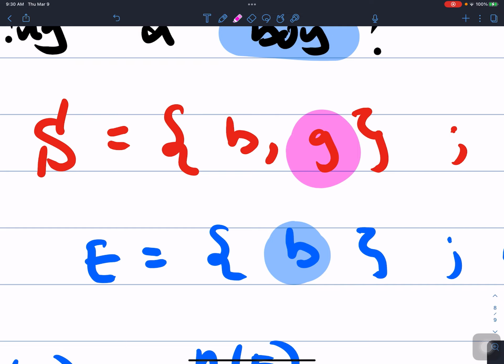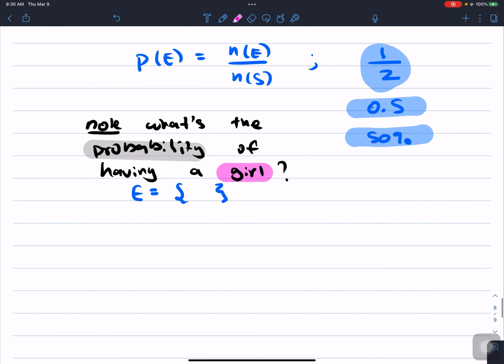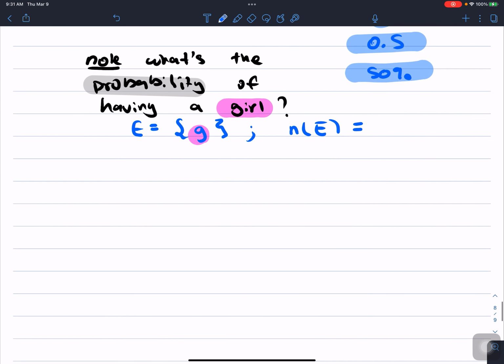Okay, good. So you know what I can do? I can say, okay, this is going to be G. How many outcomes are there in that event? 1 outcome, 1 G, 1 girl. Is that true? So what's the probability of having a girl then?